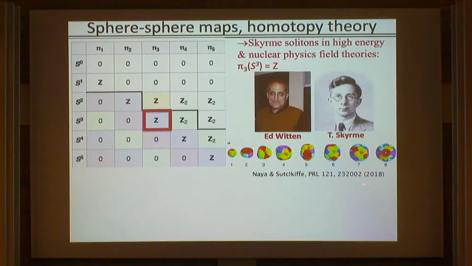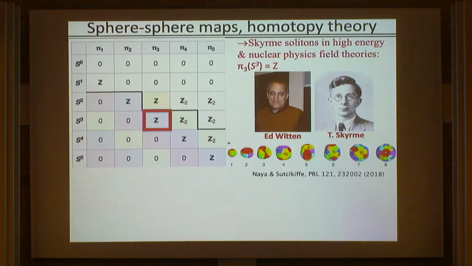And so what's interesting is that the model was introduced quite long ago, in the 60s, and much later Ed Witten was able to demonstrate that in a certain large-color limit of quantum chromodynamics, quantum chromodynamics is actually consistent with the Skyrme model, or the Skyrme model is a certain limit of quantum chromodynamics.